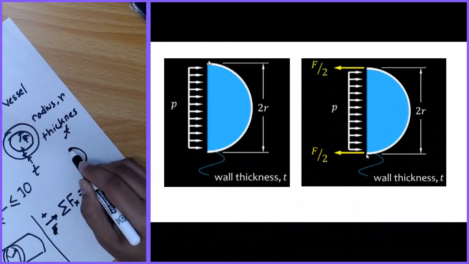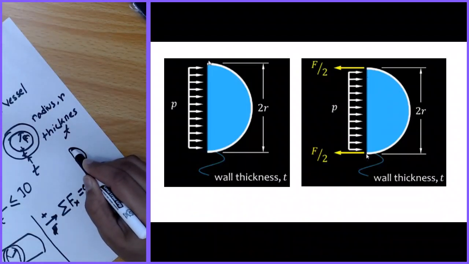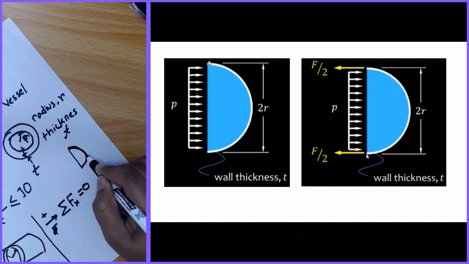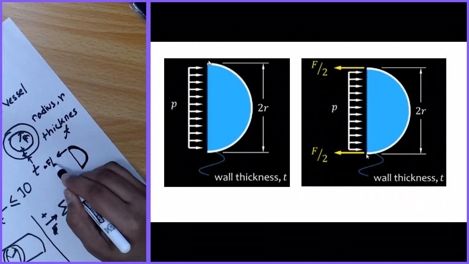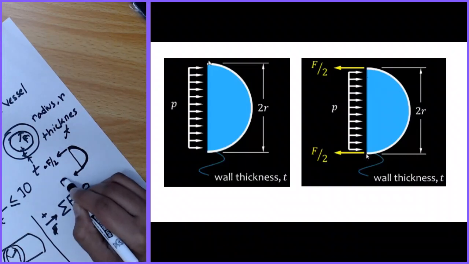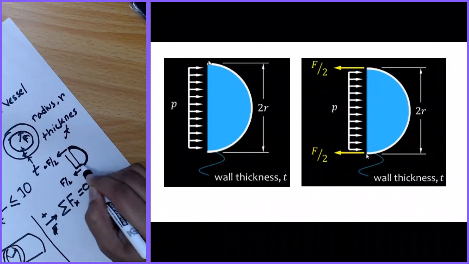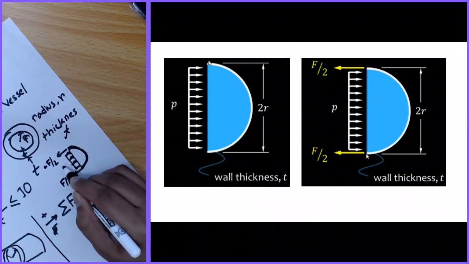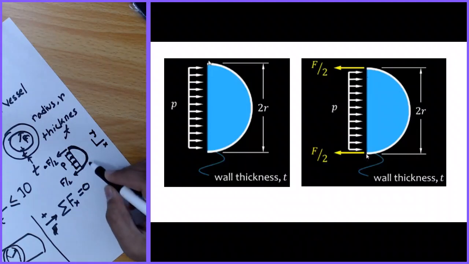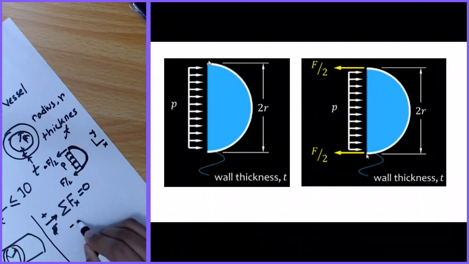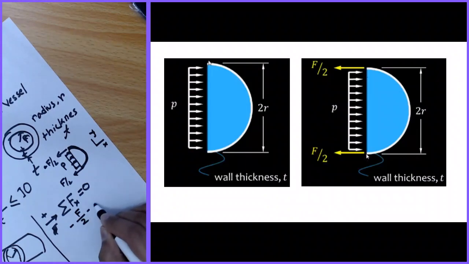This is the thickness, this is the force F by 2, F by 2, this is my pressure P, and this is X, this is Y. So this is F by 2 minus F by 2.